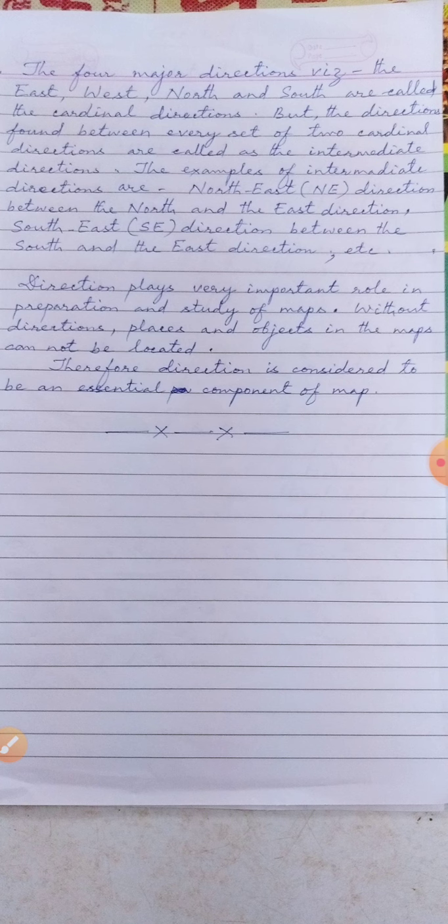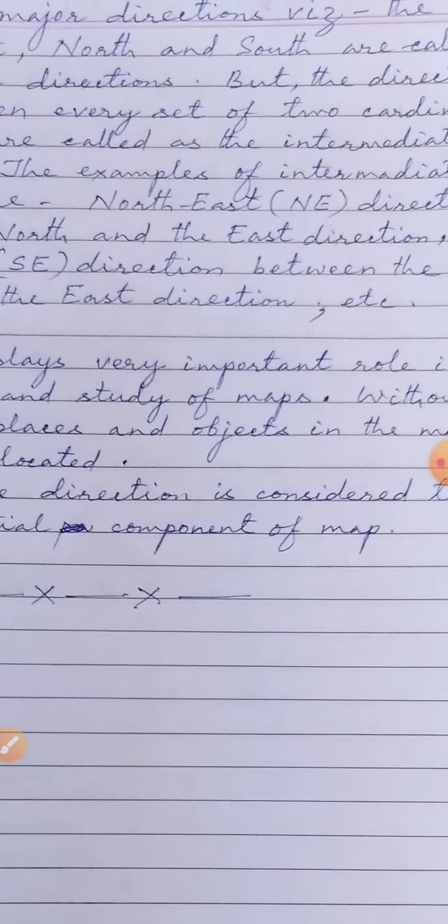So please listen carefully to the second sentence. But the directions found between every set of two cardinal directions are called the intermediate directions. Look there. The examples of intermediate directions are northeast or NE, which I have written in the bracket.